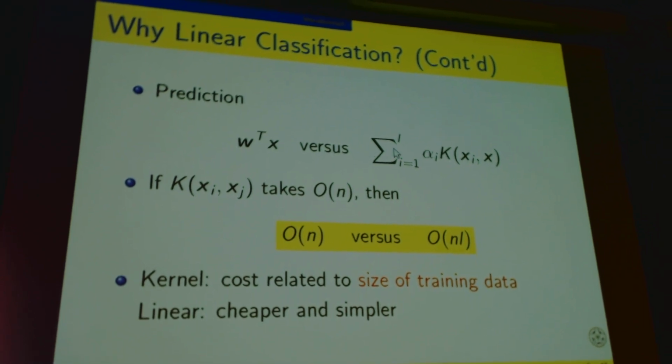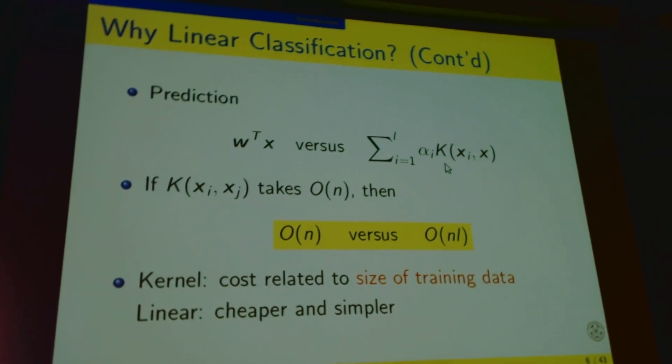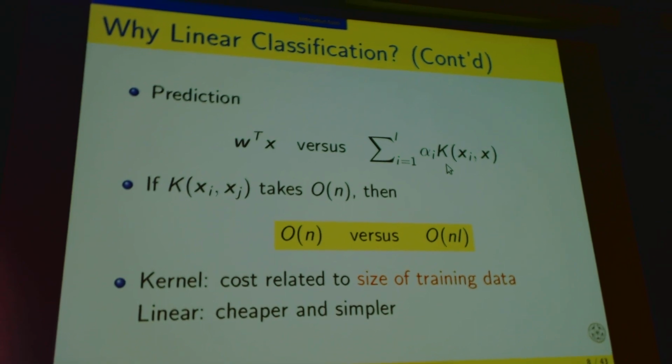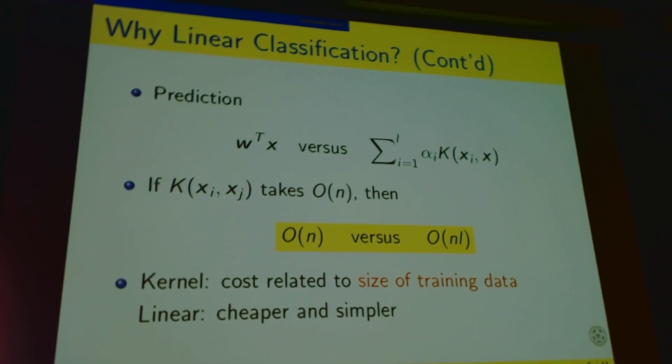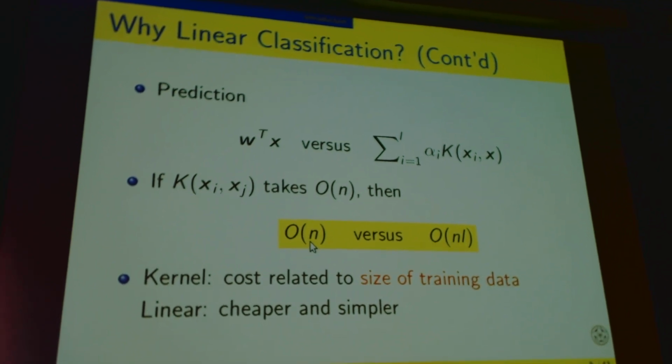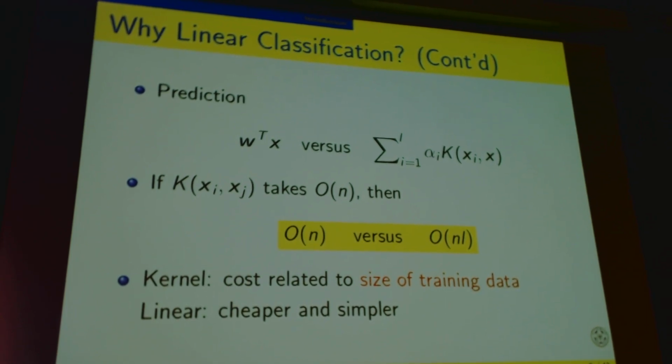However, if you do kernel, you need to do this summation, and each kernel evaluation also involves order n. Therefore, the comparison is order n versus order n times l. So you can see that the prediction cost is proportional to the number of training data, but for linear classification it is independent of the number of data.